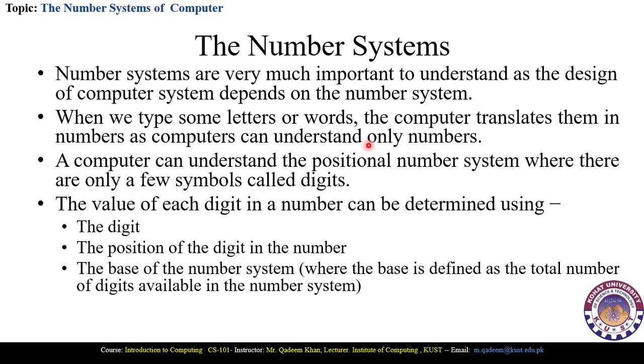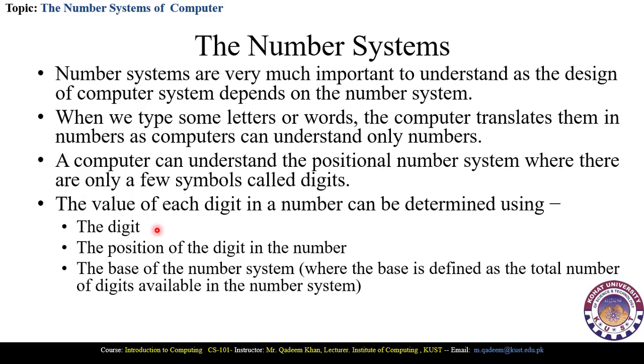Computers understand positional number systems, where there are only a few symbols that are called digits. So the position of the numbers is also very important. For example, the first number defines the sign of the number. If it is 1, that means it is negative, or 0 means that it is positive. So the position of the numbers also defines the number system. Here, each and every number system is determined using digits.